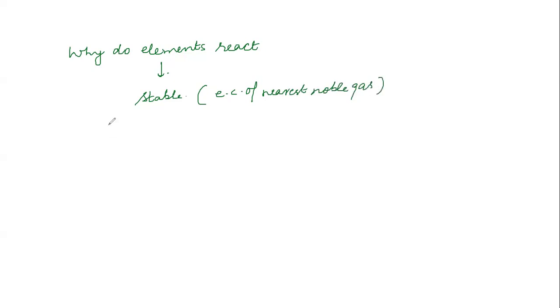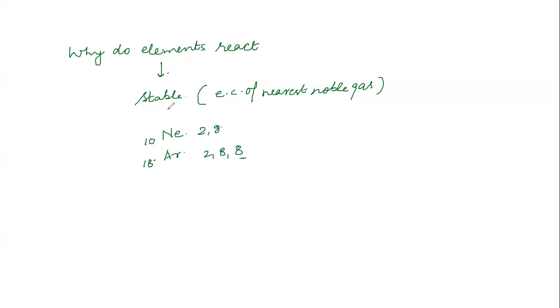Right? Say, for example, now what does it mean? The noble gases, except for helium, if you look at neon or argon, let's take these, atomic number 10 and atomic number 18 for argon. If you write down the electronic configuration, you'll see that both of them have got 8 electrons.